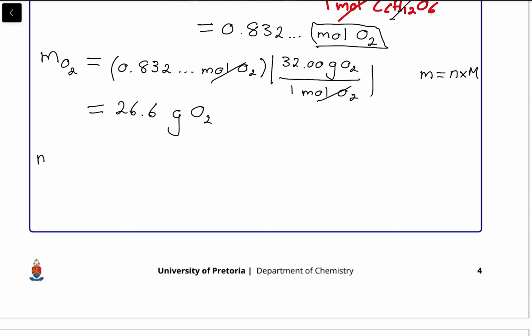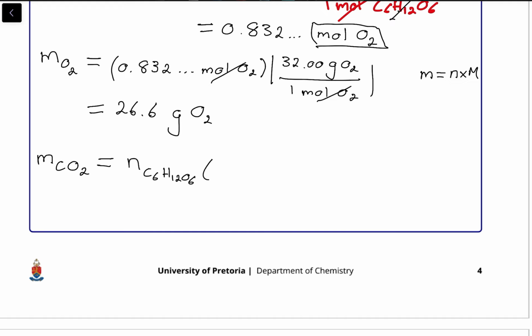We can immediately write and say, for example, the mass of carbon dioxide is equal to the number of moles of our glucose, C6H12O6, multiplied by the molar ratio.